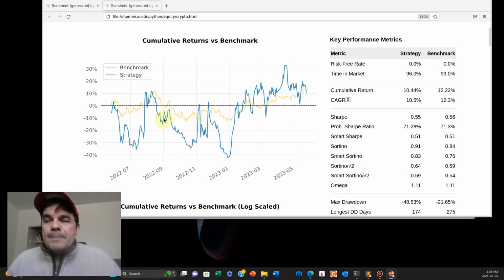You can see here that the markets did take a dip. Obviously, crypto was worse off. But when you look at the trending overall of crypto, that's our strategy in blue and yellow is the benchmark of the Qs. You can see it's outperforming, but this is where it matters, when you start to see crypto cross below the benchmark.